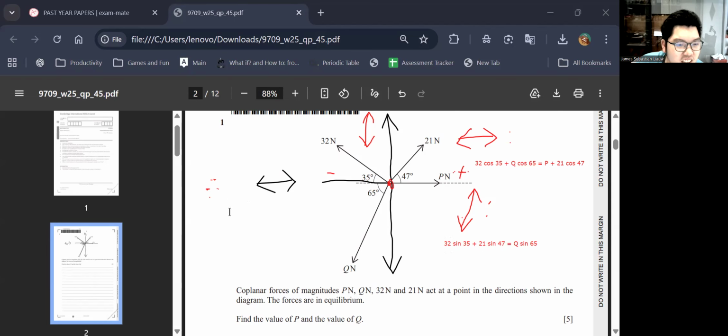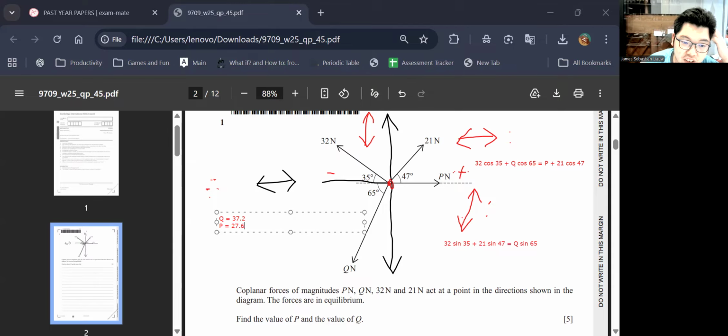Now that we have written the two equations to resolve the system, we can find the individual values of P and Q. And from this system of equations, we can easily obtain that Q equals 37.2 and P equals 27.6.